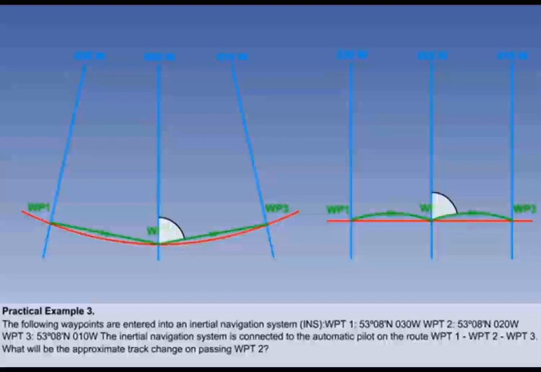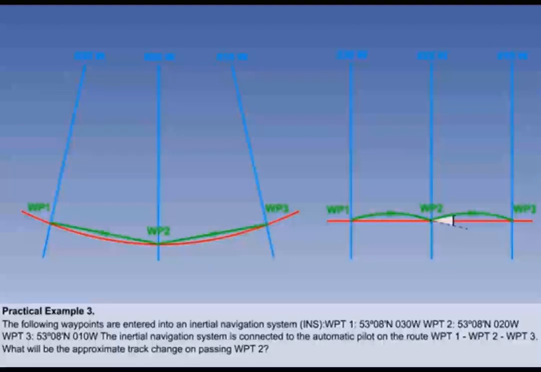At the waypoint changeover, the track decreases significantly in a single step to an angle of less than 090, and then gradually increases again, arriving at waypoint 3 on an angle of more than 090. The waypoint 2 changeover is this angle, or, if you prefer it, this angle.